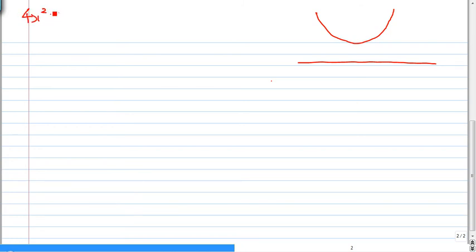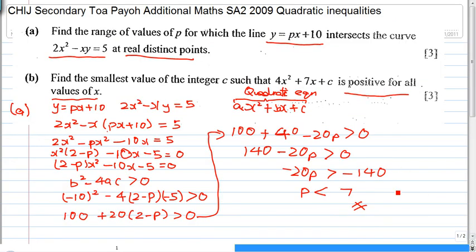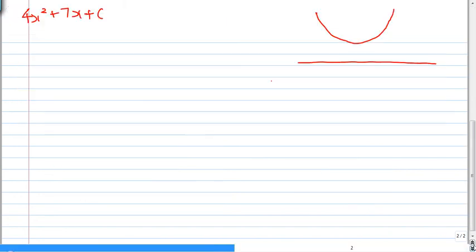So 4x squared plus 7x plus c. They want to find the smallest value of the integer c. Since it's got no roots, we use b squared minus 4ac, the discriminant, to be less than 0.